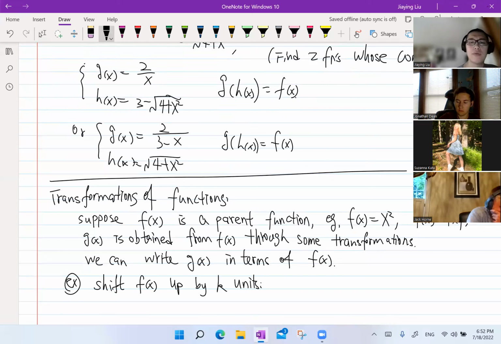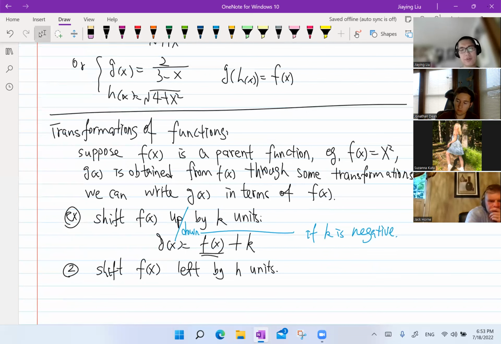And the second example would be shifting f of x left or right by h units. When we shift a function to the left, we actually add a number to x. So g of x will have the form of f of x plus h. Because we shift left and right, we actually change the x value.